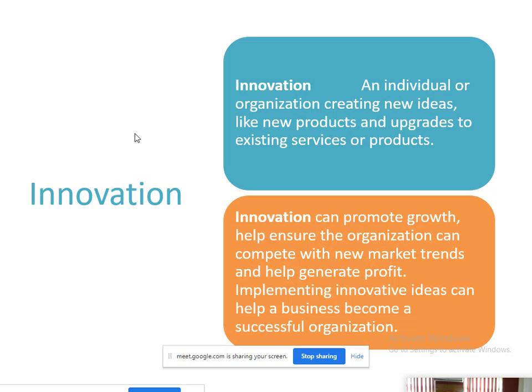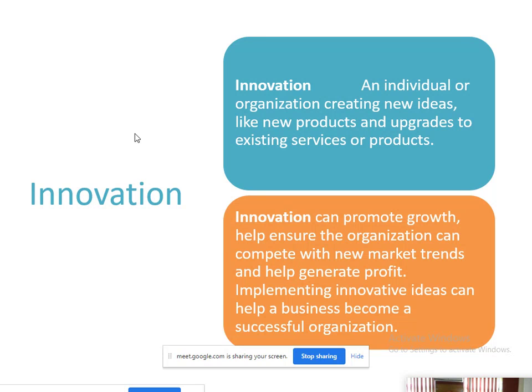Innovation can promote growth, help ensure the organization can compete with new market trends, and help generate profit. Definitely, profit must be there. That's why we want to try some new things in our organization, or we already have some product, so we need creative ideas so that we can grow.